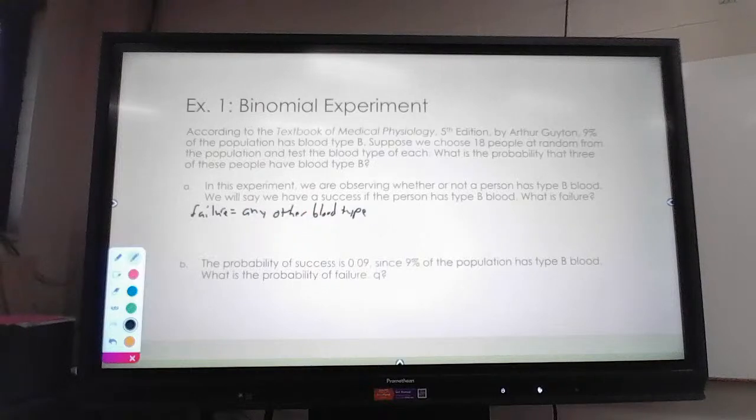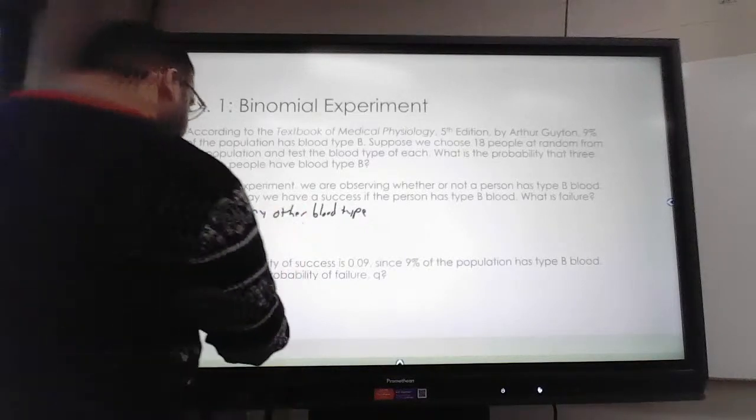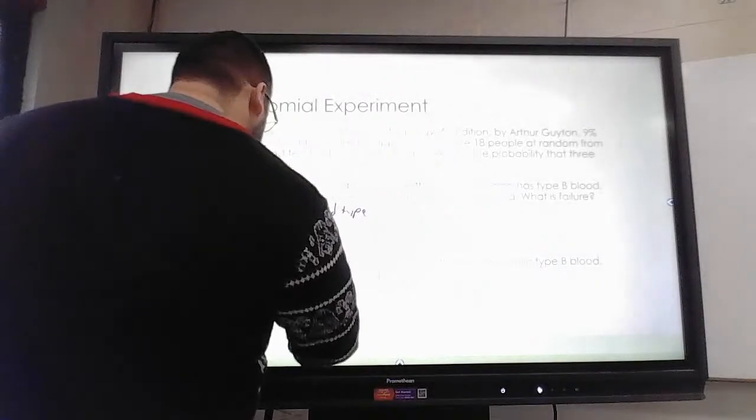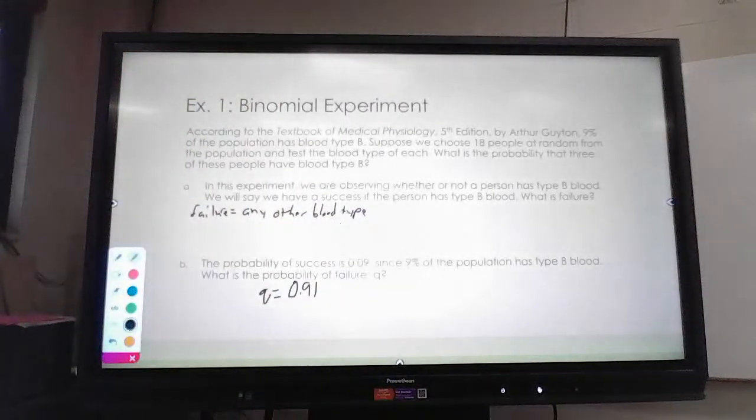The probability of success is 0.09, since 9% of the population has type B blood. What is the probability of failure, q? So if the probability of success is 0.09, that means the probability of q has to be 0.91, because both of those have to add up to equal 1.